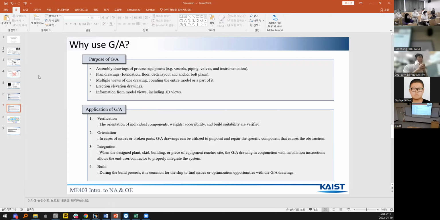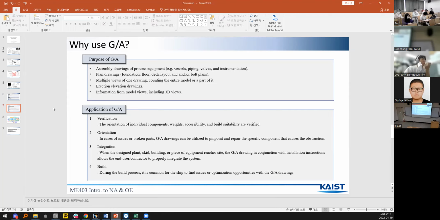So I summarize the purpose and application of GA around the many examples. The purpose of GA is the process equipment and plan or multi-view of drawing and elevation drawing or information from model view, including 3D view.